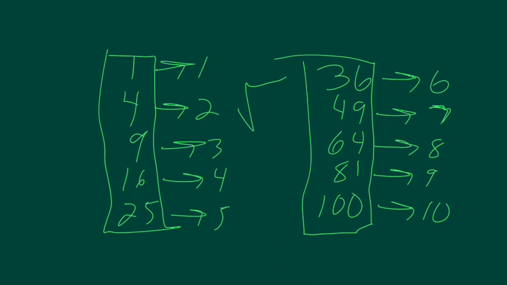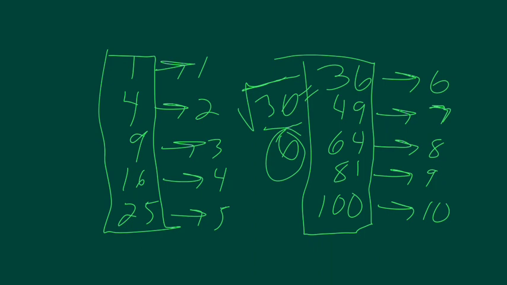So for example, the square root of 36 equals 6. Okay, and square root, again, we're asking ourselves, what number times itself gives us the number underneath the square root, or the radicand? So the square root of 36, that would be 6, because 6 times 6 is 36.